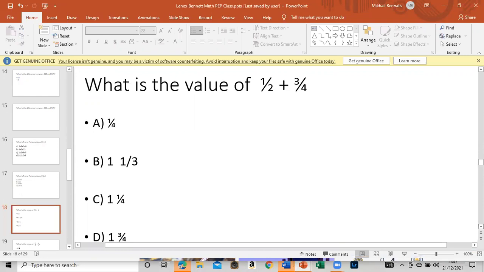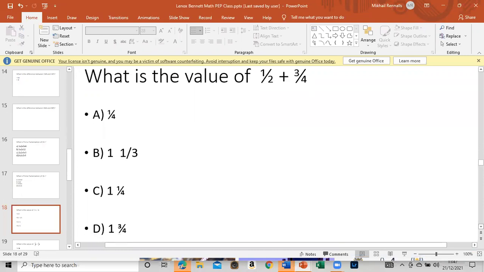Anyone working that out? What is the value of a half plus 3/4? Work that out, guys, and then you see the answer. Sir, I'm not seeing it. You're not seeing the screen?